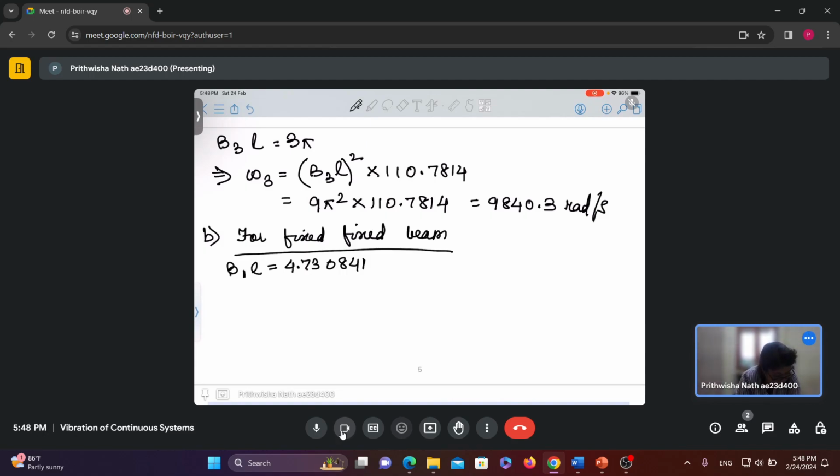So omega 1 becomes 4.730841 squared into 110.7814.